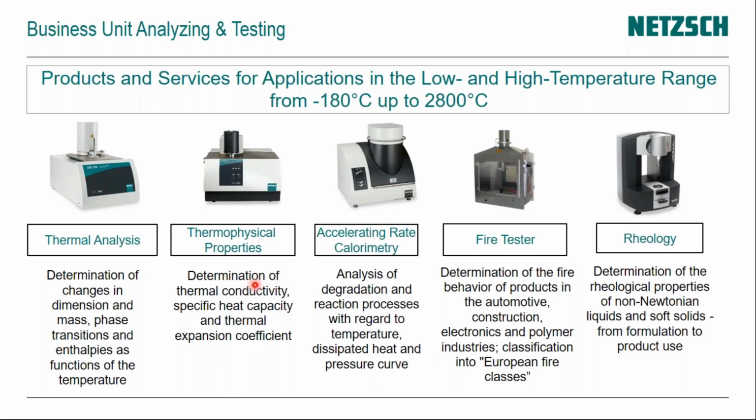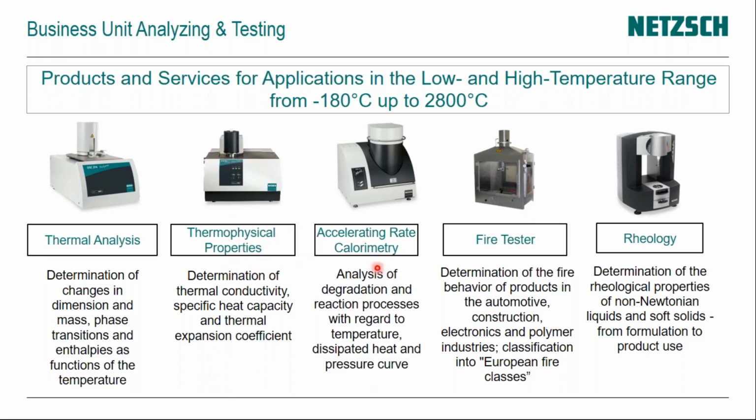Then we have one segment for the thermophysical characterization of materials, in which we determine the thermal conductivity, thermal diffusivity, and the thermal expansion coefficient of a material. We have a range of equipment to study these thermophysical properties in our product line.